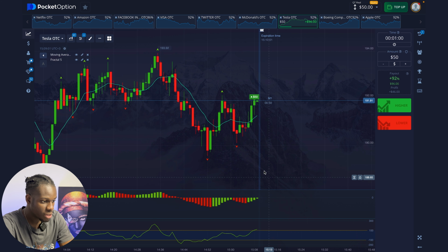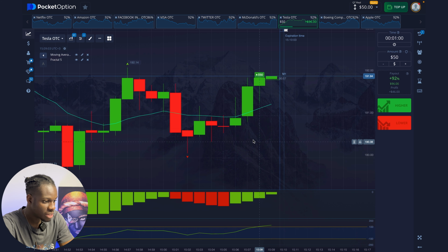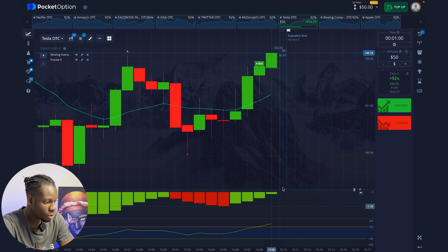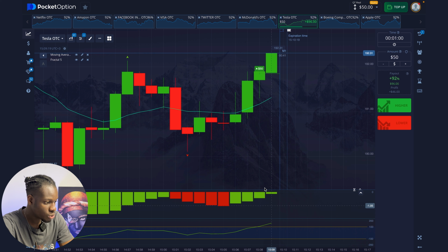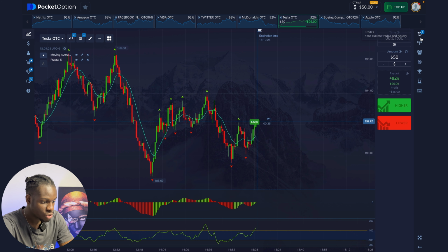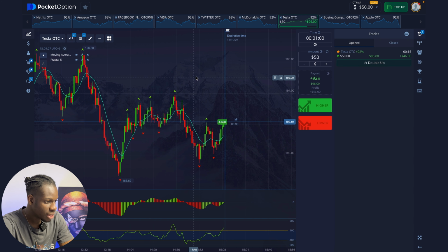And as we can see over here, the weighted moving average crossed upwards, and earlier the fractal also indicated a structural low, which is more reason to take a buy. Lastly, we can also see the histogram is indicating a volume color change, which is also indicating a reversal, a buy. So these are the reasons why I entered this trade for a buy, and let's see how it ends.